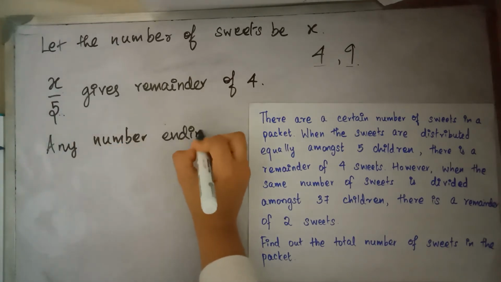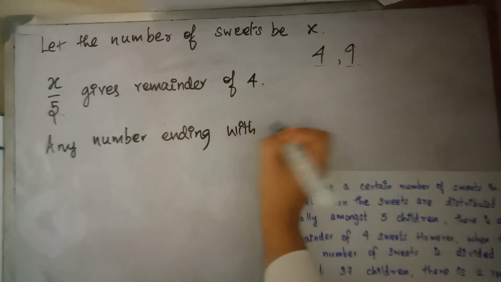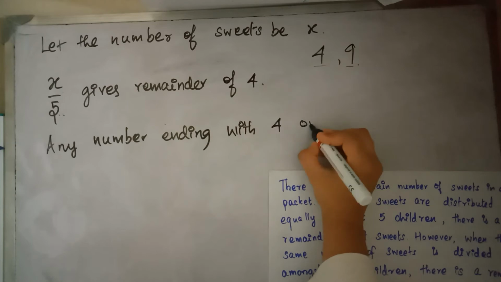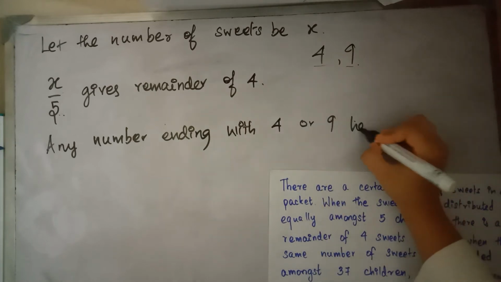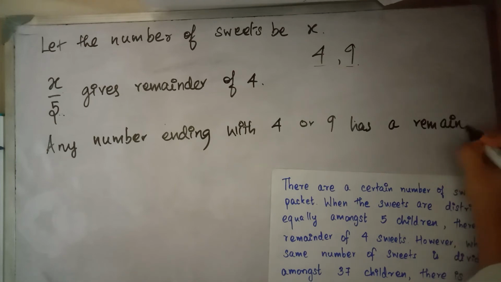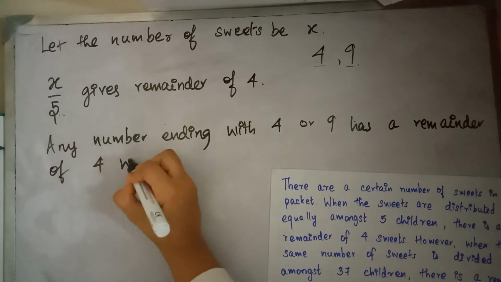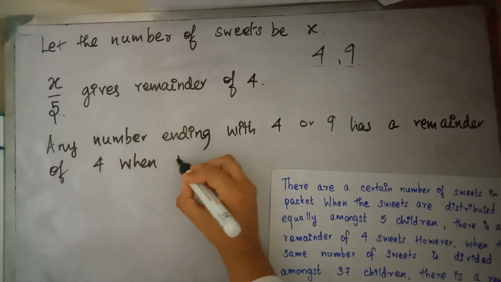Any number ending with 4 or 9 has a remainder of 4 when it's divided by 5.